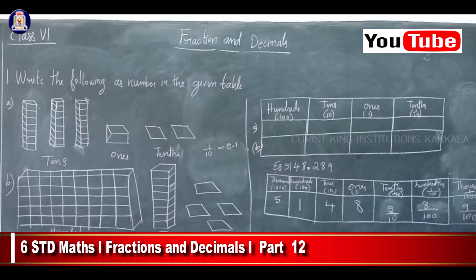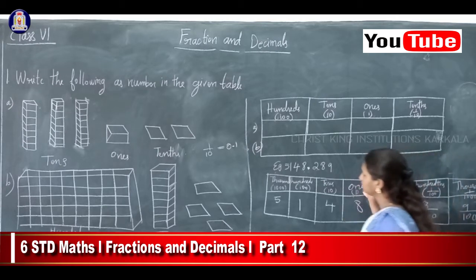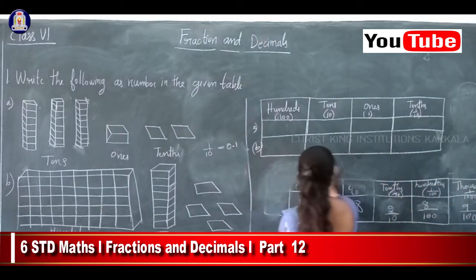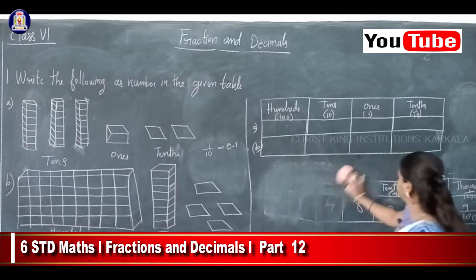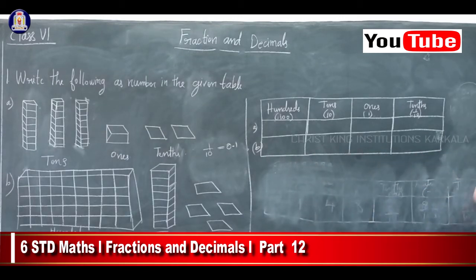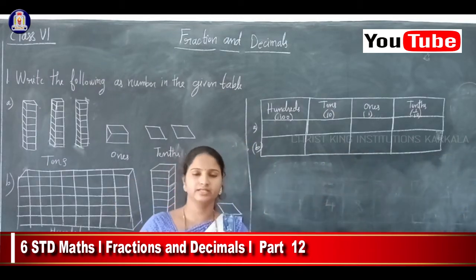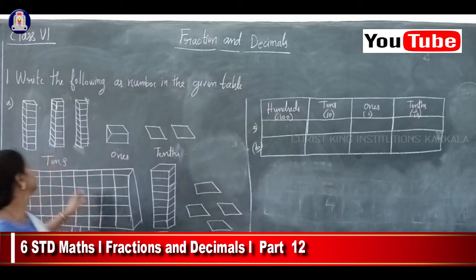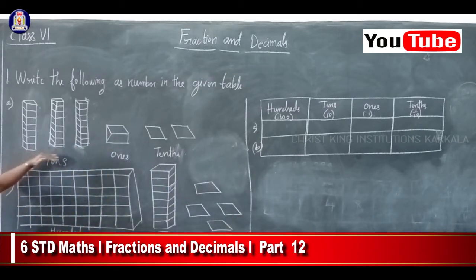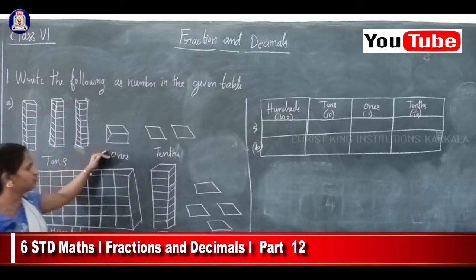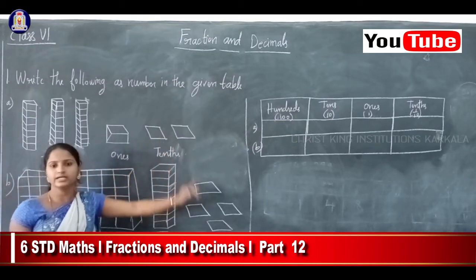Clear? So this is a decimal number in the number system. Like that, here in the exercise sums they have given some figures. 3 figures are the same, and this is the ones place, and these 2 are in the tenths place.